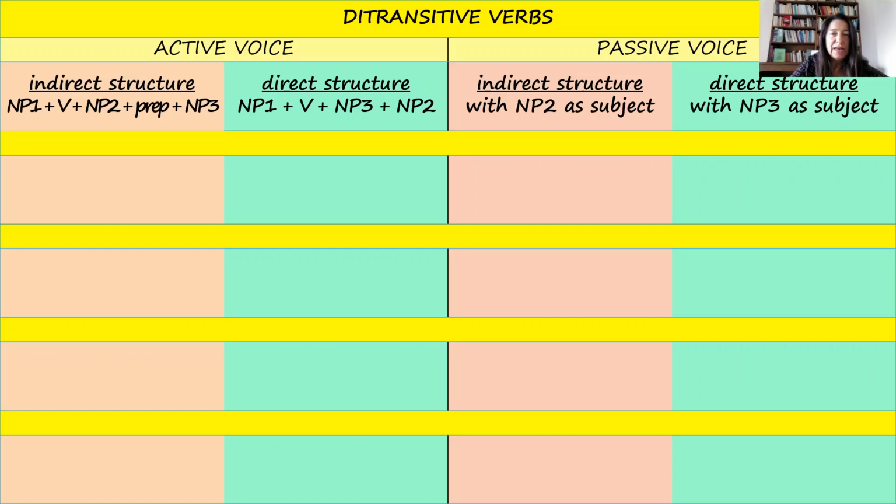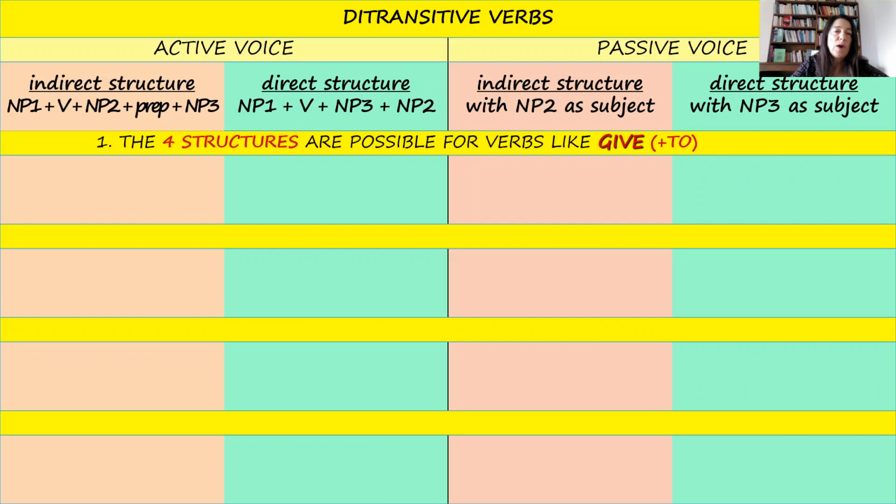So let's have a look at the first verb that we're going to use as a model for all the other verbs that work the same way. Verbs like give can be used with either one of the two active voice structures and either one of the two passive voice structures.